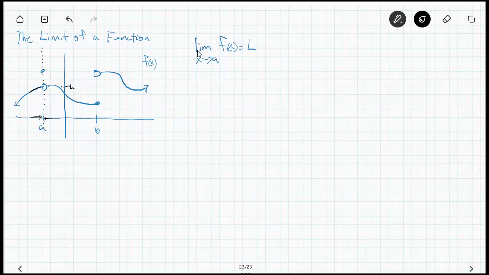If my fingers head for the same value, then the limit as x approaches a of f of x does indeed, in this case, equal L.